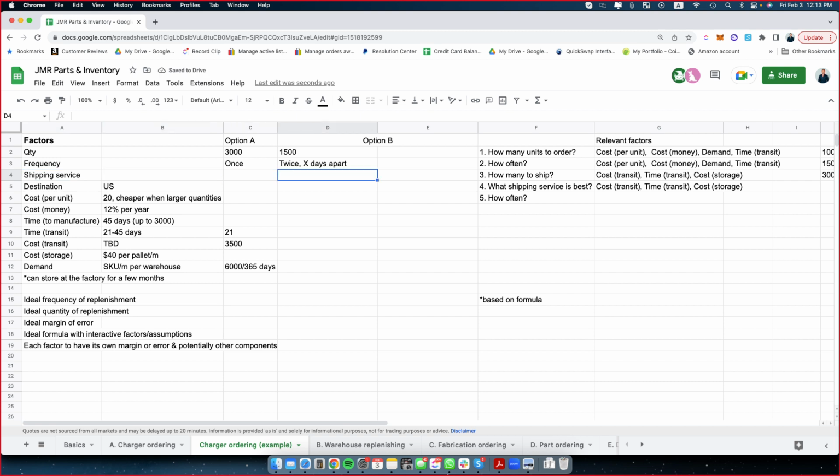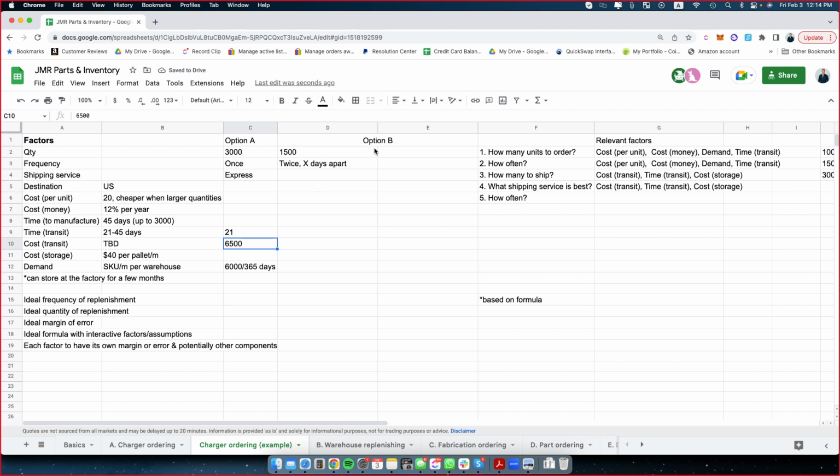It's not necessarily like that in the real world, but in this option we'll have to ship everything express because we need the items there ASAP. Let's say it's 21 days, and the cost of express is 3,500, or let's say 6,500, just to have a bigger number.